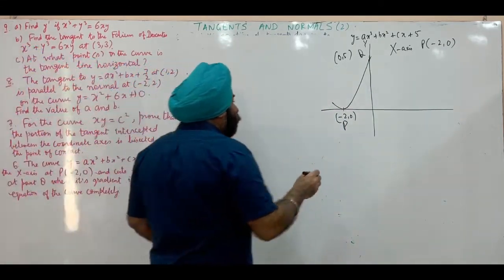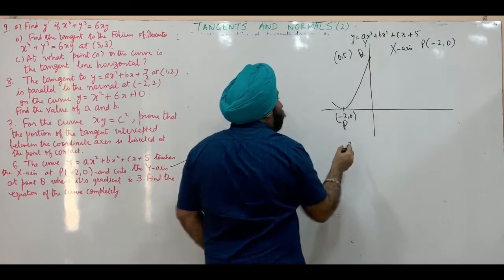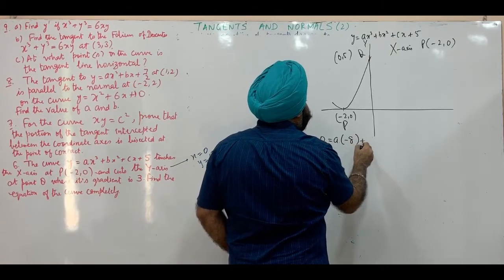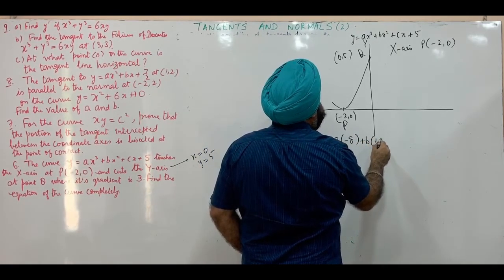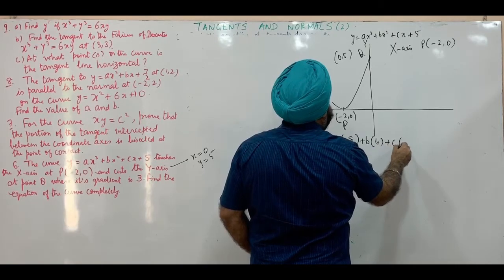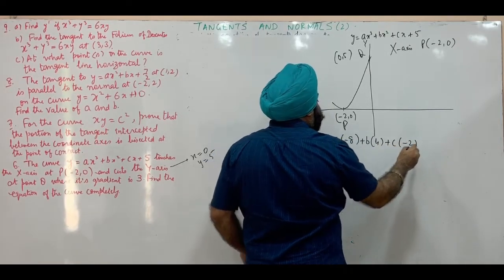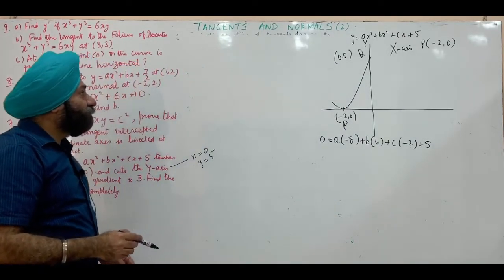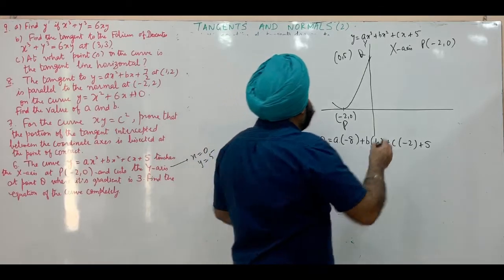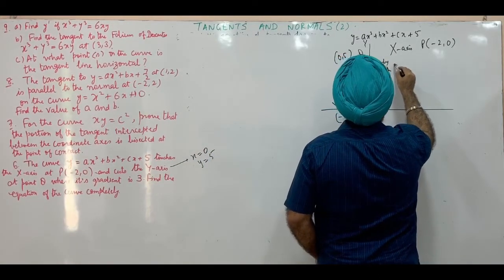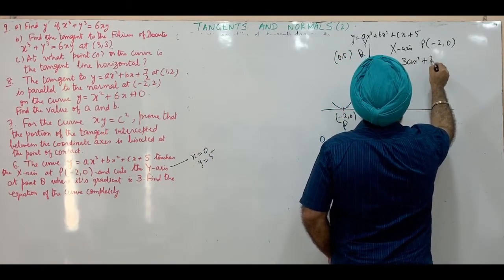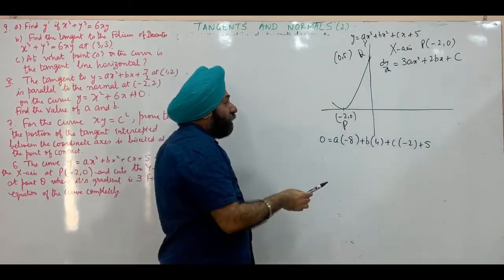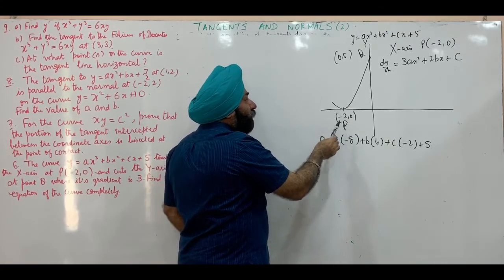From this we can say minus 2 comma 0 is a point on the curve. So y is 0 and x is minus 2: a into minus 2 cube, plus b into 4, plus c into minus 2, plus 5. So this is one equation in a, b and c. Differentiate y to get dy by dx as 3ax square plus 2bx plus c. The value of dy by dx at point P is 0.